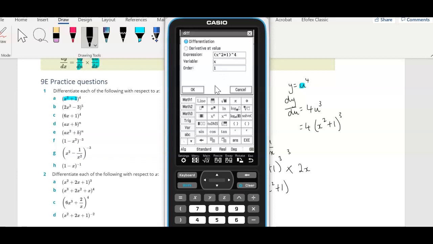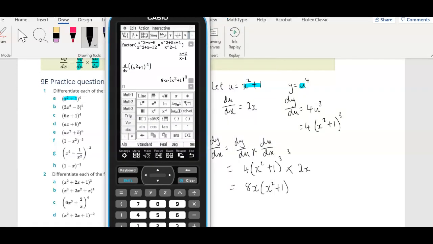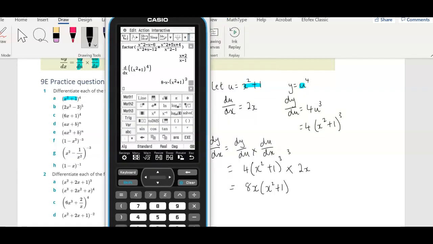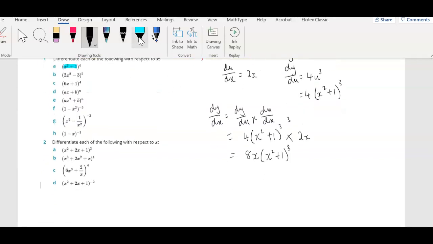All right, just make sure everything else is correct. All right, and there's your derivative there. So you can see we got the same thing, which is always good. Oops, I forgot to put the power of 3 on there. There we go. Put that up there. All right, so the chain rule, right? You're just letting u equal usually whatever is inside the bracket. All right, let's do another one.